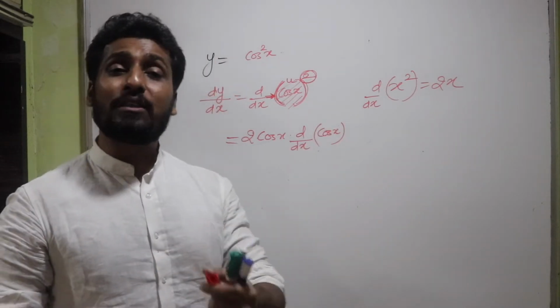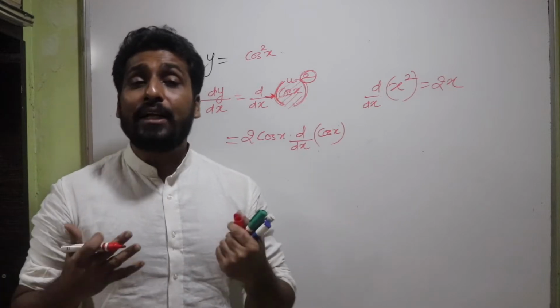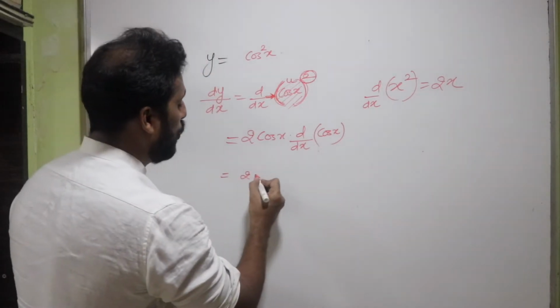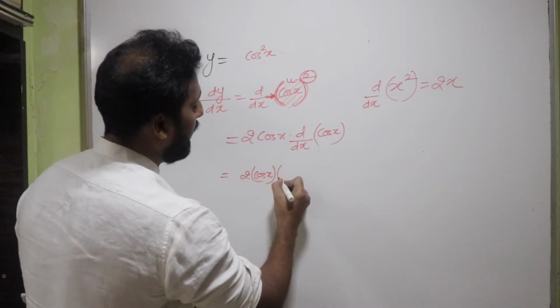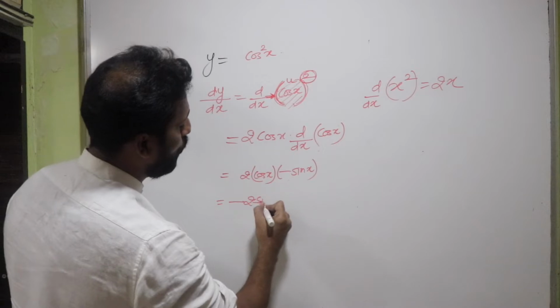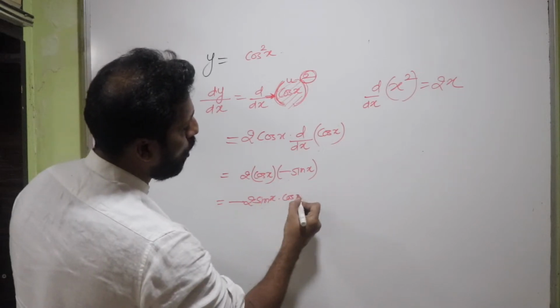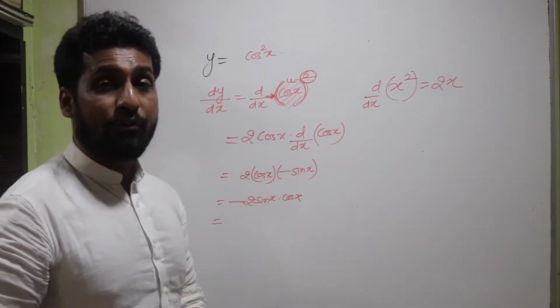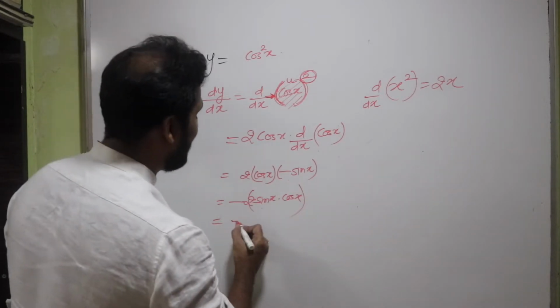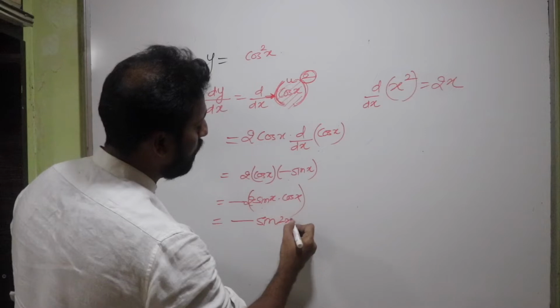And don't you know that cos x is a standard function and its derivative is going to come minus sin x. So I get 2 cos x into minus sin x, or I can say minus of 2 sin x into cos x. And I hope you all know that from trigonometry the formula for 2 sin x into cos x is sin 2x. So I get minus of sin 2x.